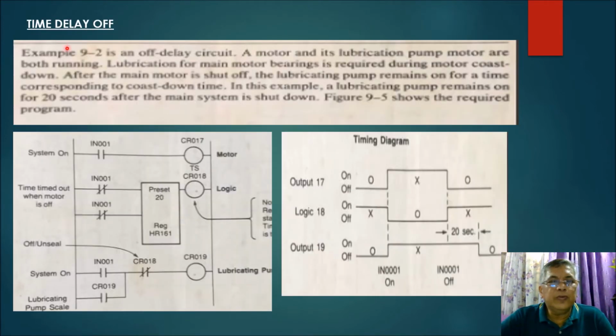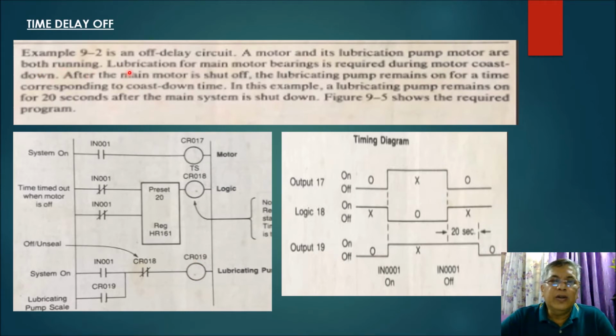Okay, so what we have here is an example of time delay off. Okay, so it says a motor and its lubrication pump motor. So here we have your motor represented by CR017 and the lubrication pump motor, which is represented here by CR019, are both running.